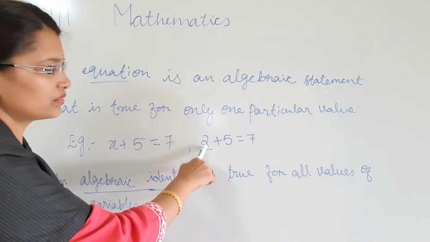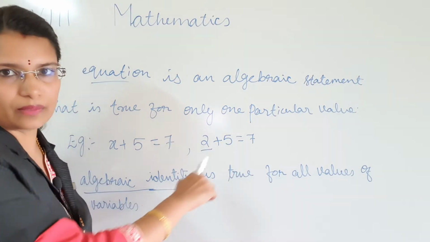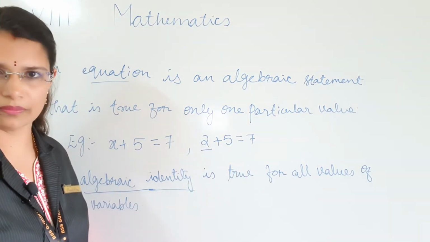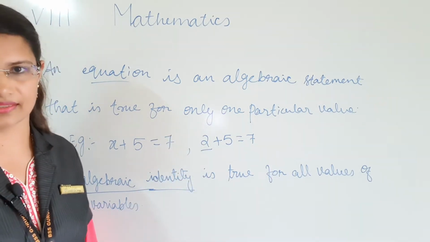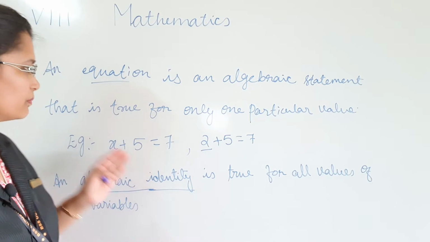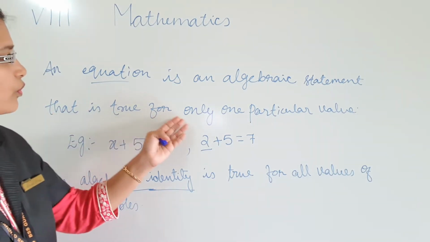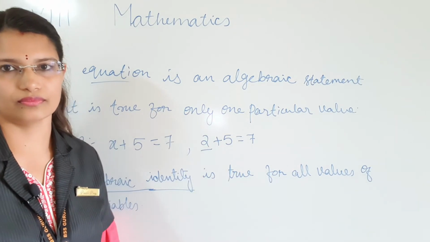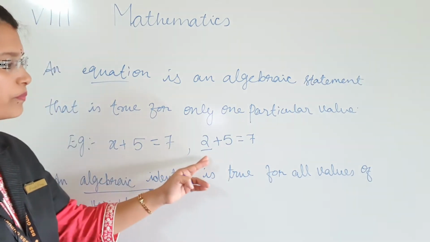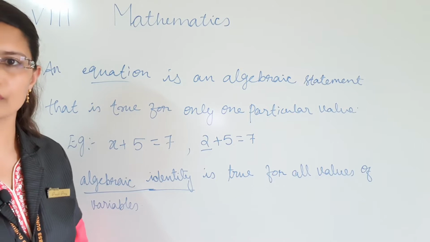That is, if it is 3, will it be correct? 3 plus 5 is equal to 8. Will it be correct? No. Only 2 is correct here, right? That means it is true for only one particular value. This is only true for x is equal to 2.